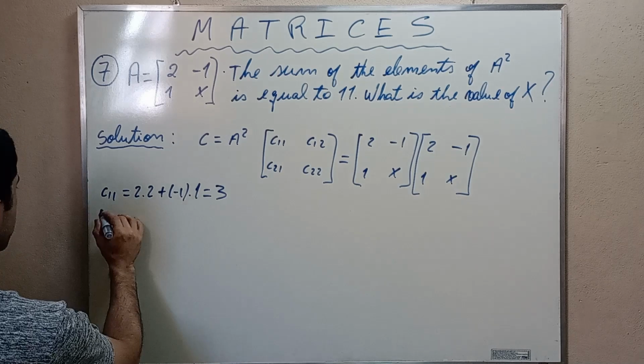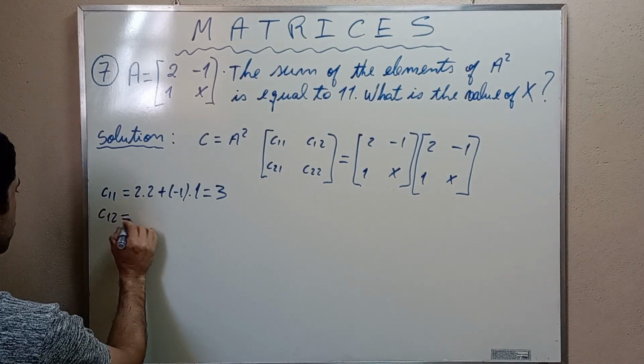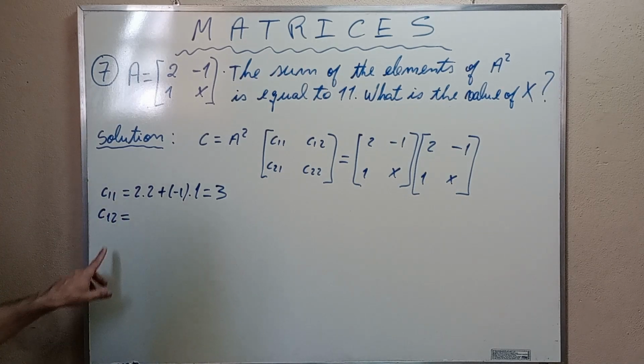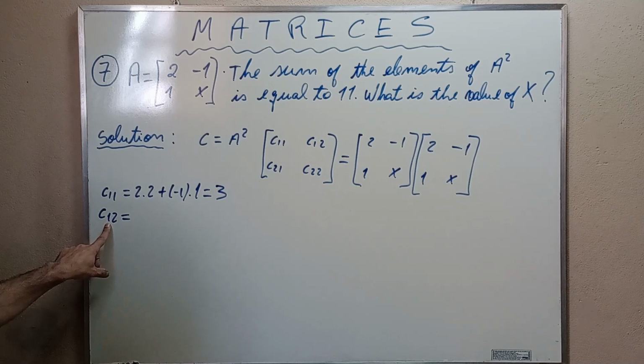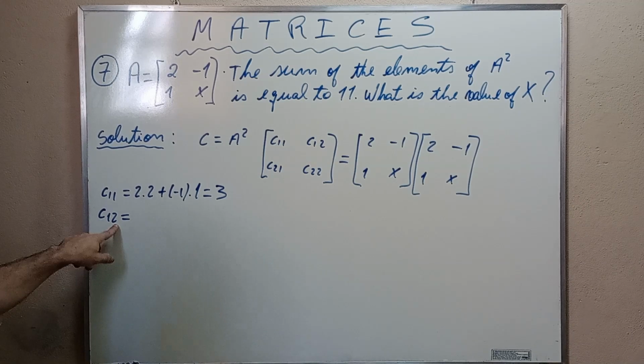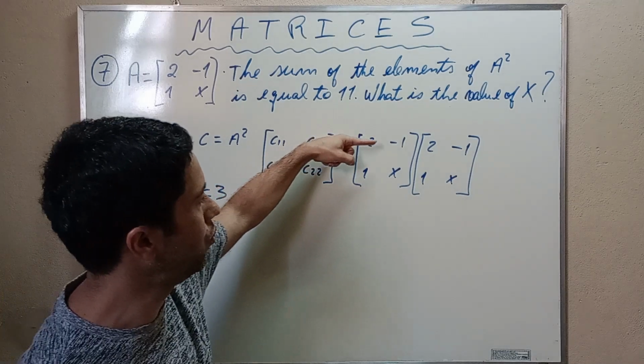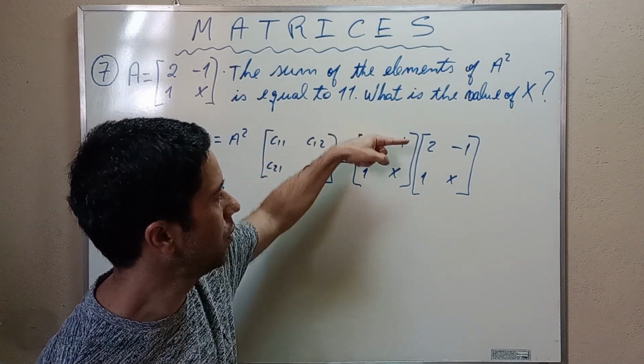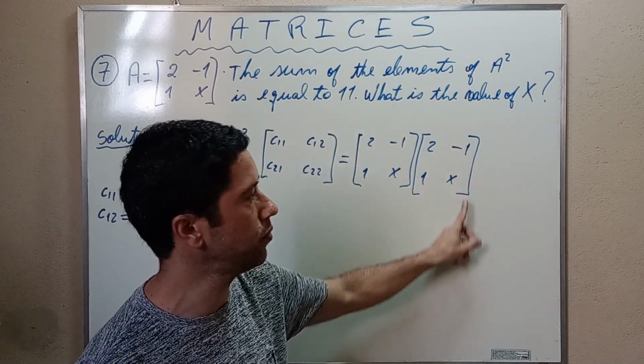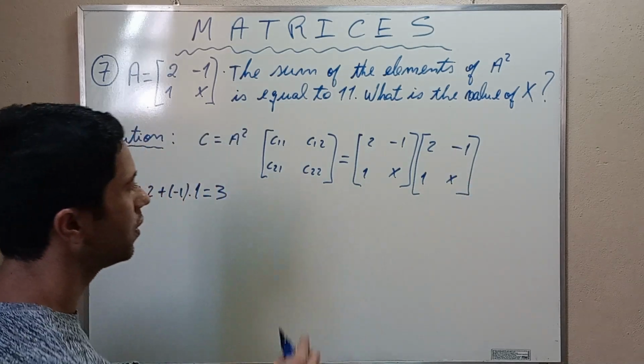C12 is going to be obtained from the multiplication of the first row of the first matrix with the second column of the second matrix. This row here times this column here, okay?